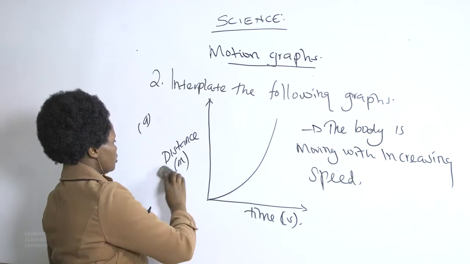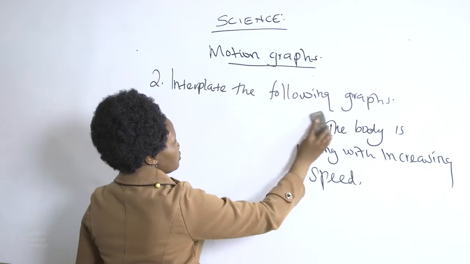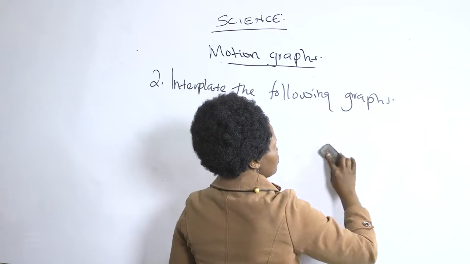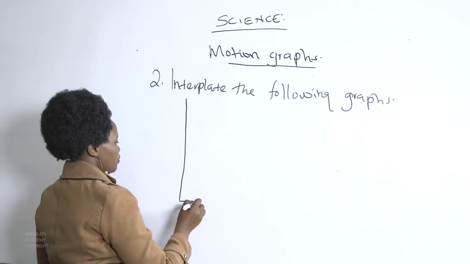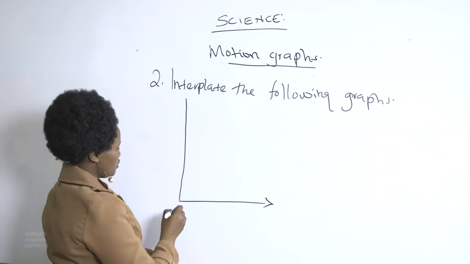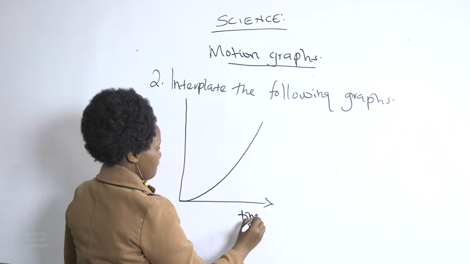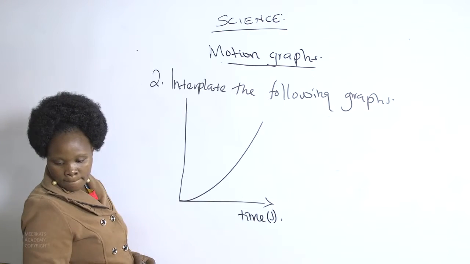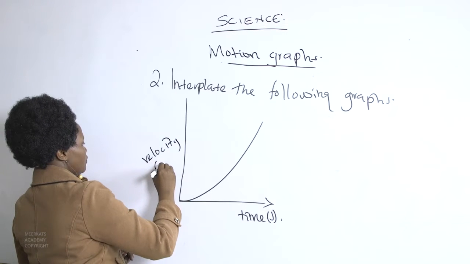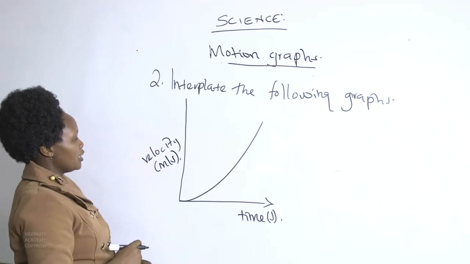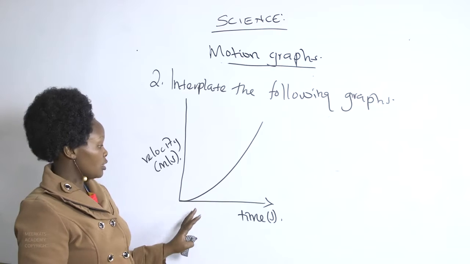Now, we could also have another graph to interpret, which is actually a velocity time graph. Again, the gradient is non-uniform and it is actually increasing.